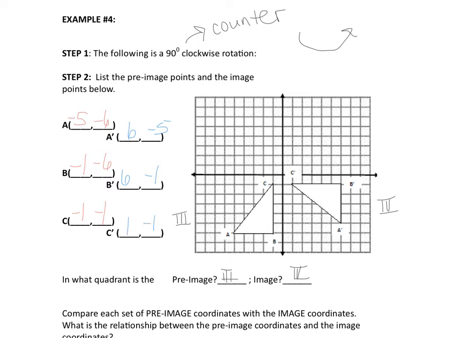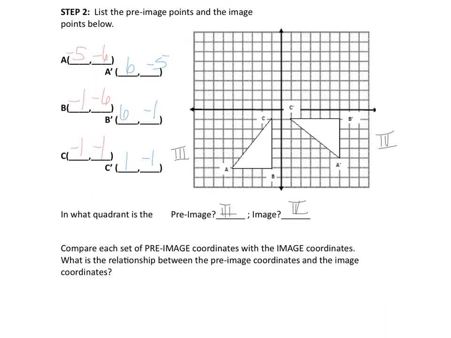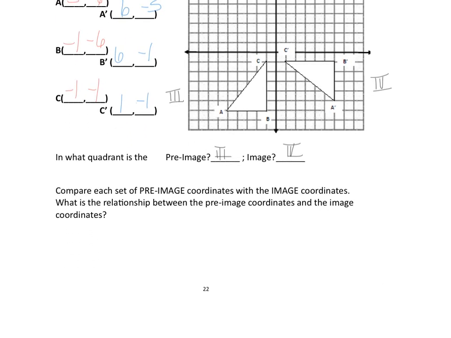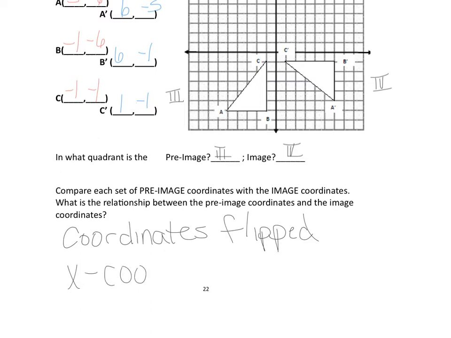So what happened to the coordinates when we moved from the pre-image to the image? It's better to look at points A and B since point C is not quite as obvious. Hopefully you've noticed that the coordinates flipped, and that the x-coordinate is positive.